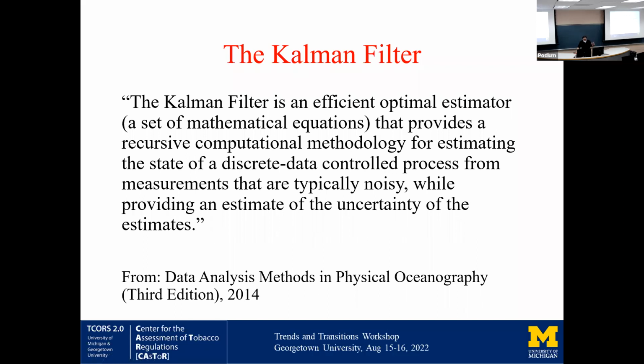Suppose that you have a linear system like that, the hidden Markov chain, and the system produces an output, and you use that output as a forecast for the future.